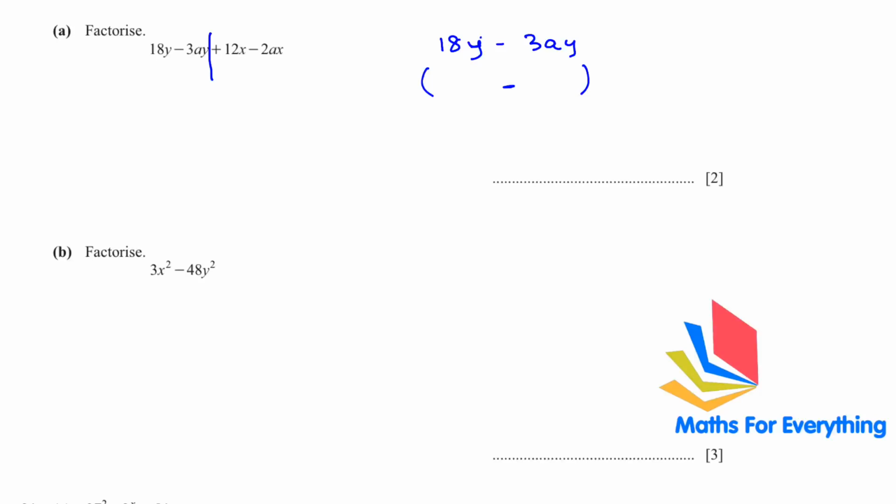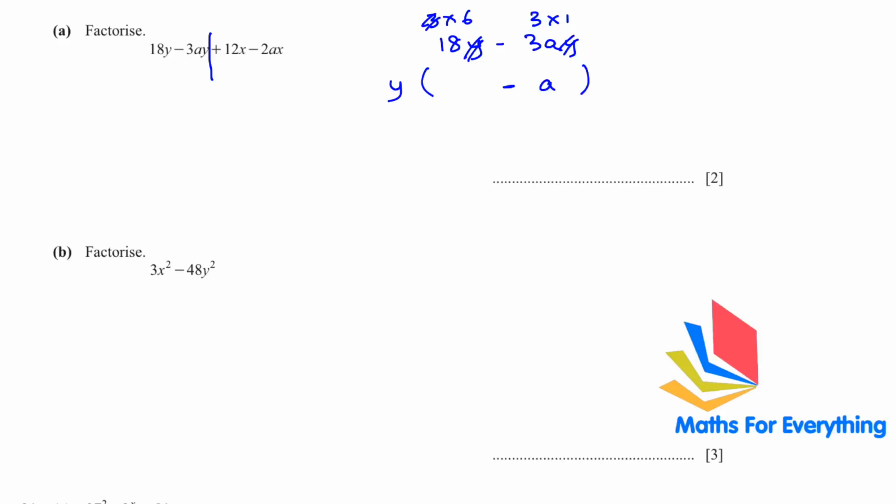The first thing we can see common is the y. So we factorize the y out. A is not common, so that is left here. 18 and 3. So 18 is a multiple of 3. 3 times 6 is 18 and 3 times 1 is 3.